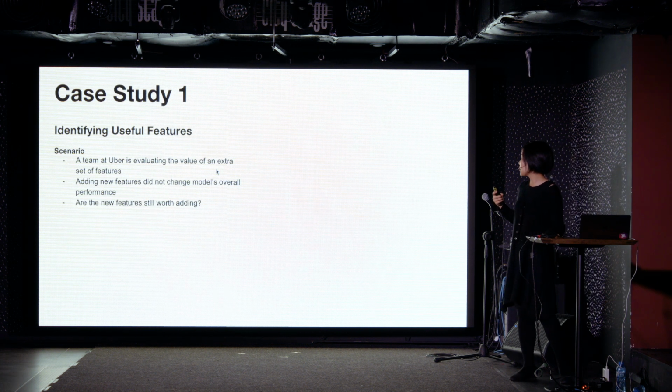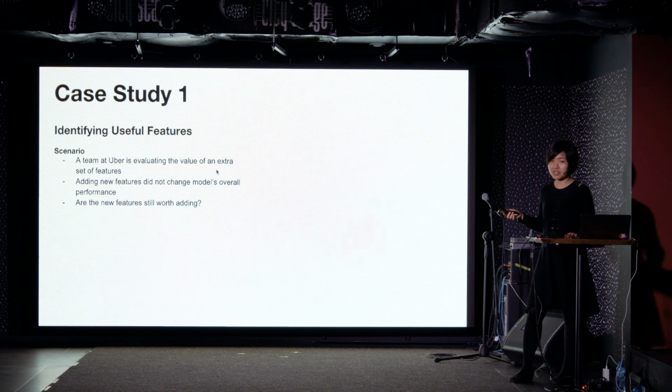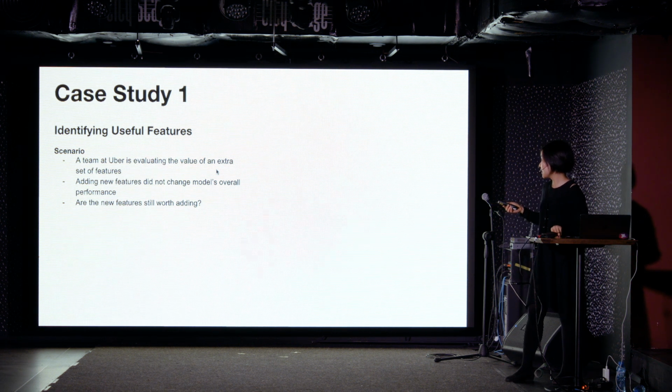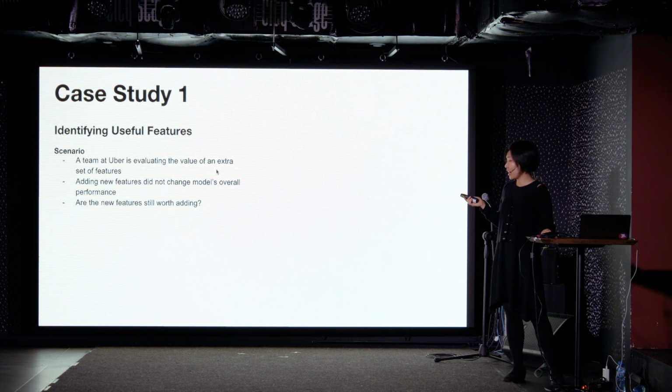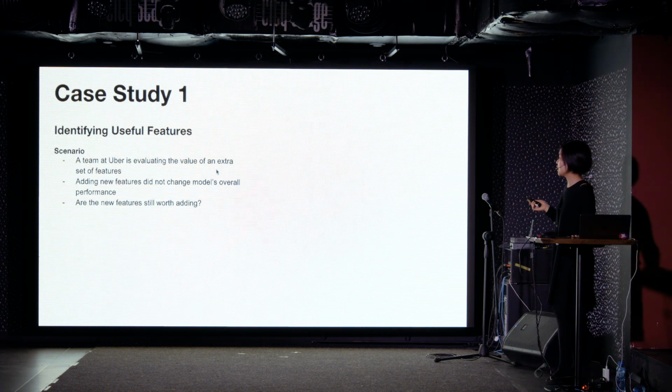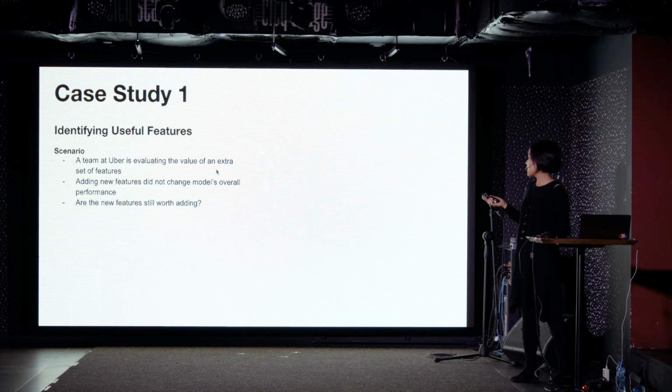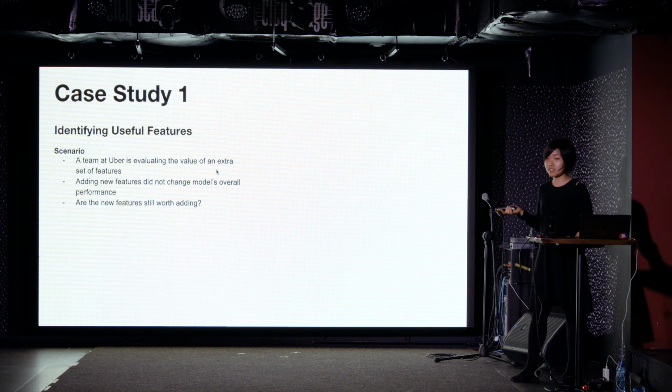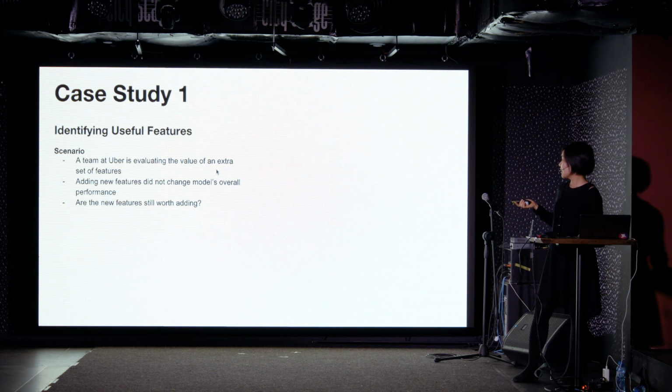Now I'm going to give 2 examples of how Manifold is used within Uber for improving model performance. Case study 1 is about identifying useful features. There's a team at Uber who is trying to evaluate the value of adding some extra features. They trained 2 models, one with the extra feature and one without.